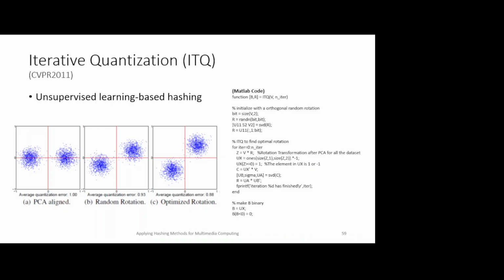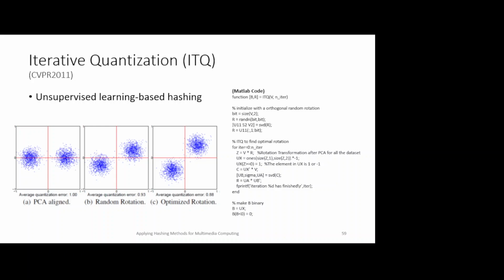And there are 4 corners. This corner is 1, 1. This one is -1 and 1. This one is -1, -1. And this corner is 1 and -1.